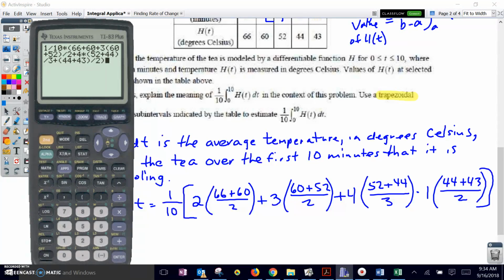Make sure I've got all my parentheses in the right place. Looks like it. And so we get 46.55. Did I type everything in correctly? 1/10 times 66 plus 60, 3 times 60 plus 52 all over 2, 4.